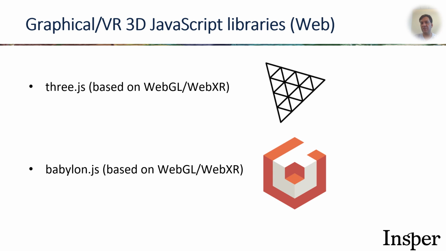These two libraries differ in their features and capabilities, so your choice should align with your specific project goals. However, it's worth noting that both Three.js and Babylon.js are built on top of WebGL and offer support for WebXR. Therefore, if you intend to create virtual reality applications for the web, you can utilize either of these platforms directly, simplifying the development process.